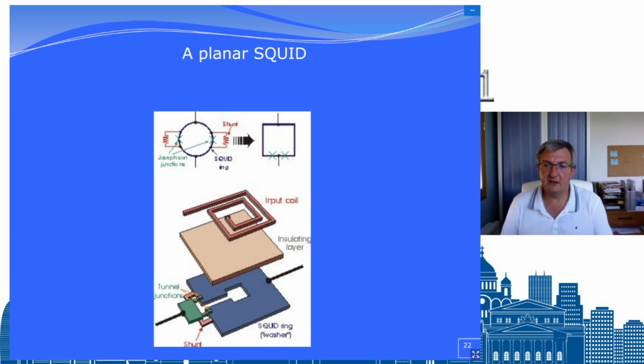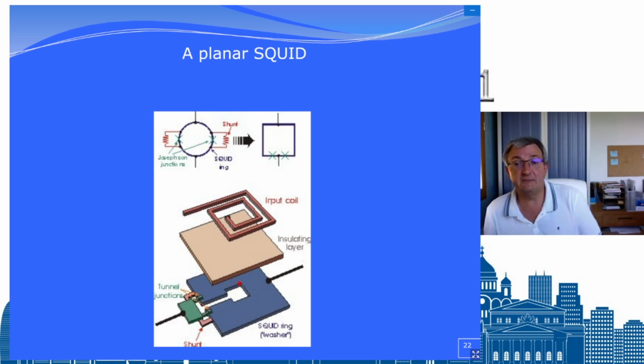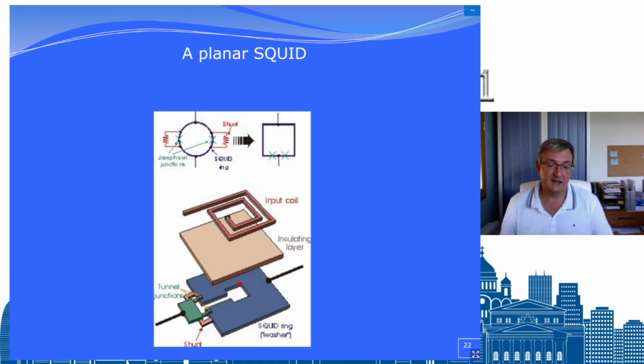The way it's done with planar squids, you see the squid here with the two junctions. If you want to be sensitive, you need to have a big loop, a large loop, to capture a bigger magnetic field. But if you have a larger loop, the problem is you have a larger inductance. And that you don't want, because then, as I said, the energy resolution will not be as good.